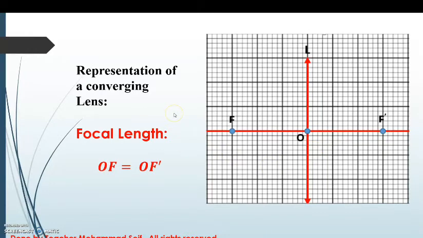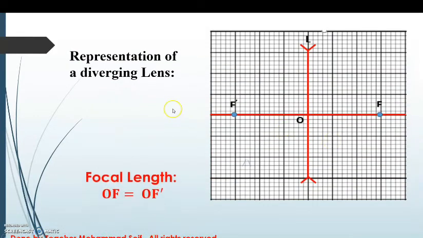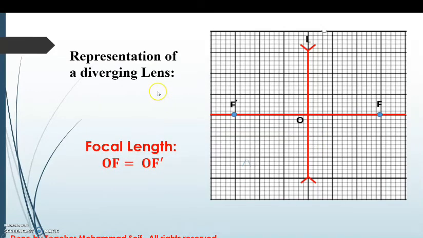So now we have to represent a converging lens. We have the focal length. We said the focal length is the distance between the optical center O and the image focus F prime. In the representation of a diverging lens, we have the focal length, which is O F prime. It's the distance between the optical center O and the image focus F prime.